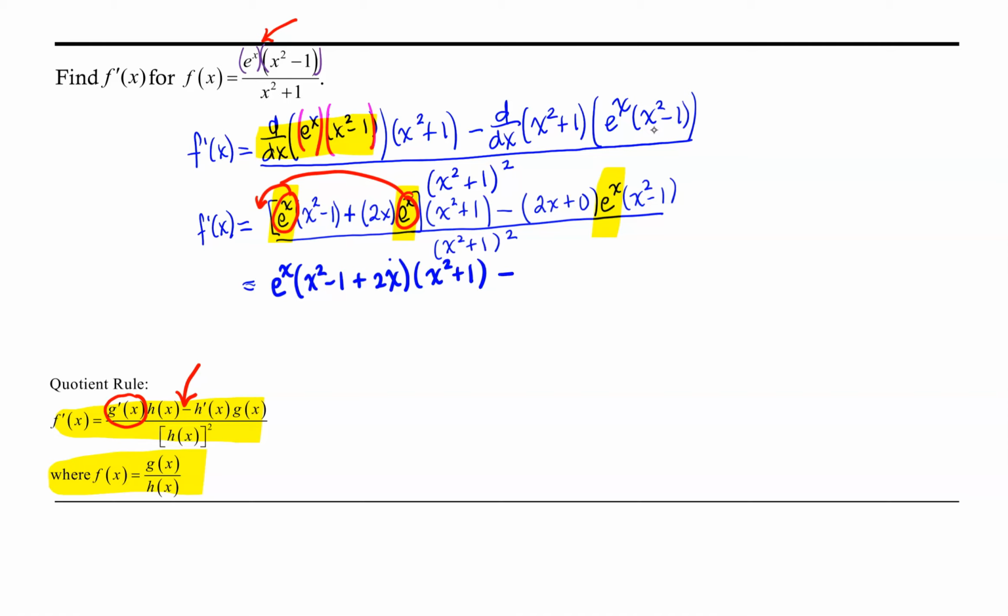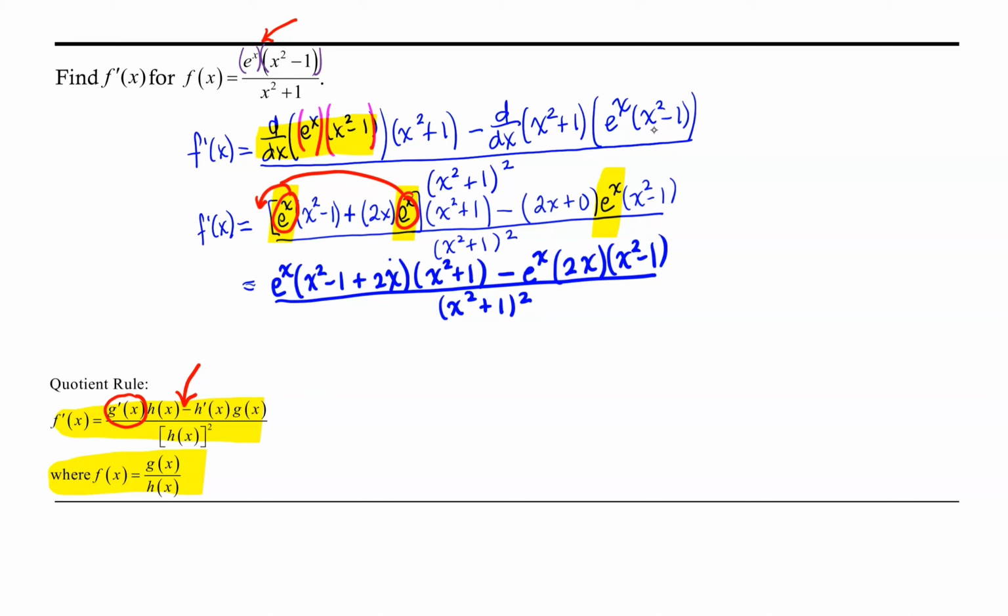And then we're going to have minus, and this e to the x, we're going to just write it this way for a moment, 2x times x squared minus 1 all over x squared plus 1 squared.